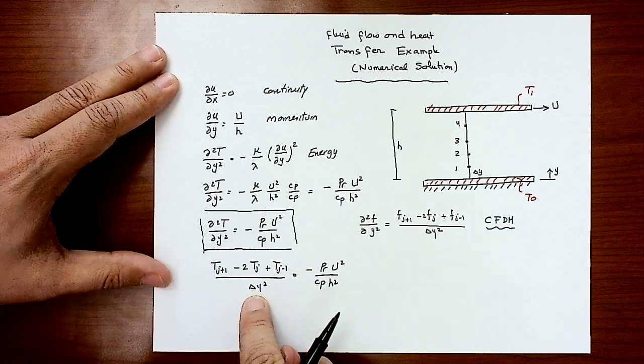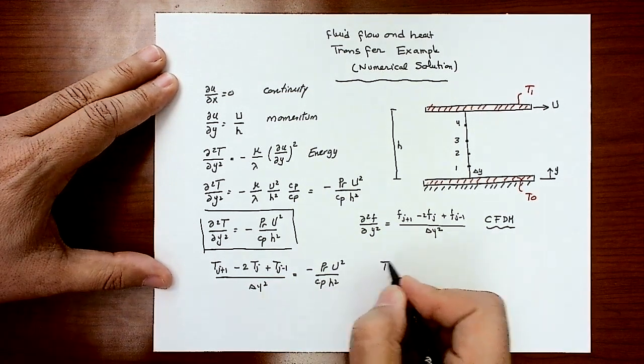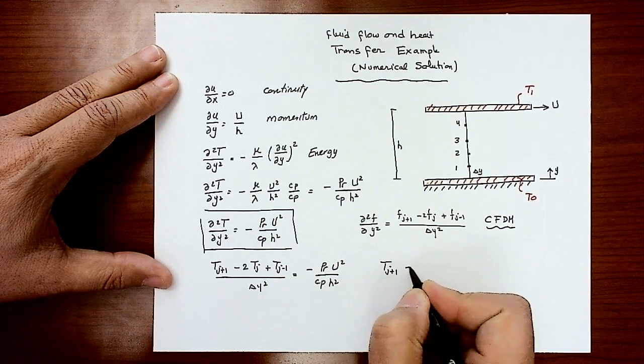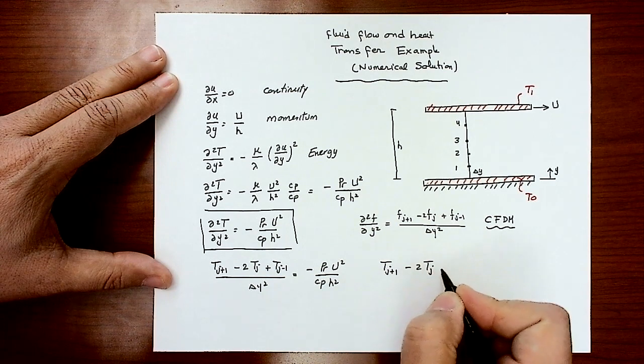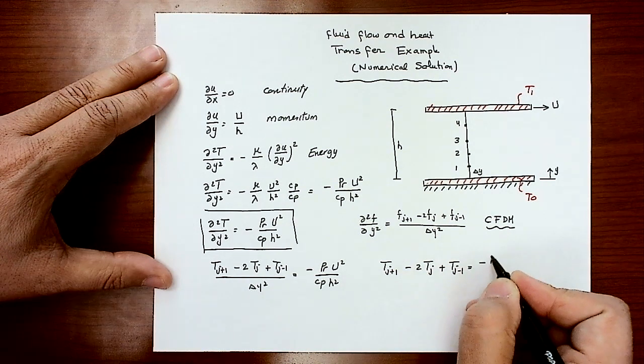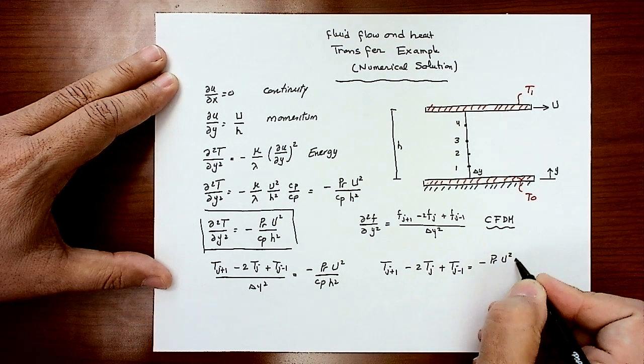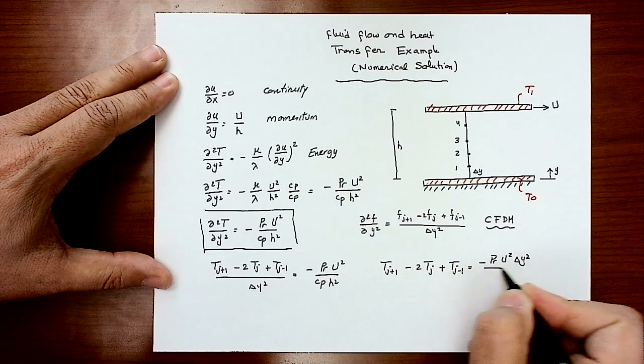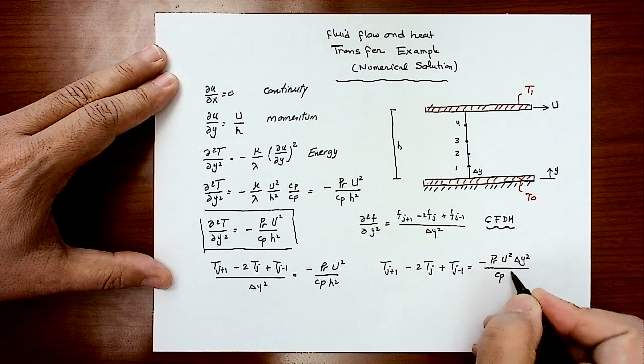I will bring delta y square to this side. So T of j plus 1 minus 2 Tj plus T of j minus 1 would equal minus the Prandtl number u square delta y square divided by Cp h squared.